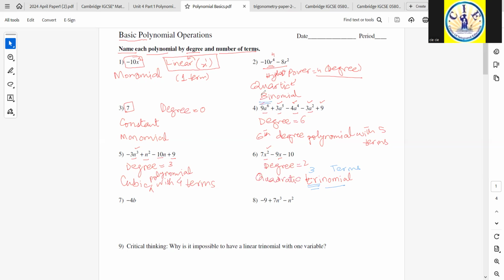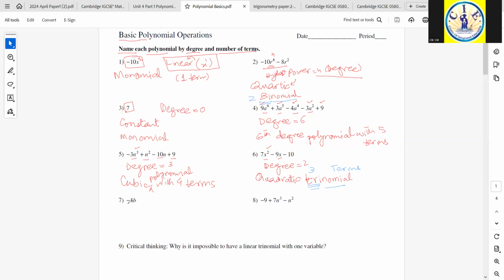In bi, this bi means 2 and nomial means terms. So a polynomial that has got 2 terms is called a binomial, and a polynomial that has got 3 terms is called a trinomial. So tri means 3.